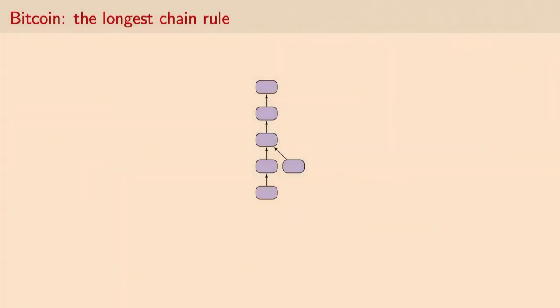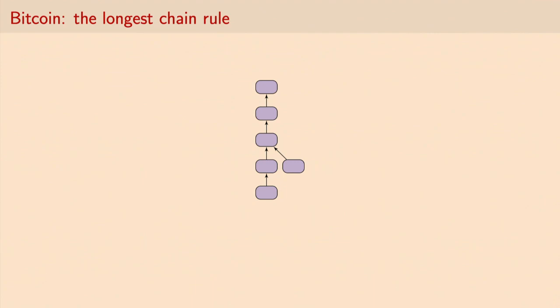Because Prism is built on the longest chain protocol, I think it's necessary that we do a quick recap on the Bitcoin consensus protocol. Bitcoin uses the so-called longest chain rule, where every miner will try to extend and mine on the longest chain. When there's a fork, which happens when 2 blocks accidentally attach to the same parent block, miners will choose the longer fork.